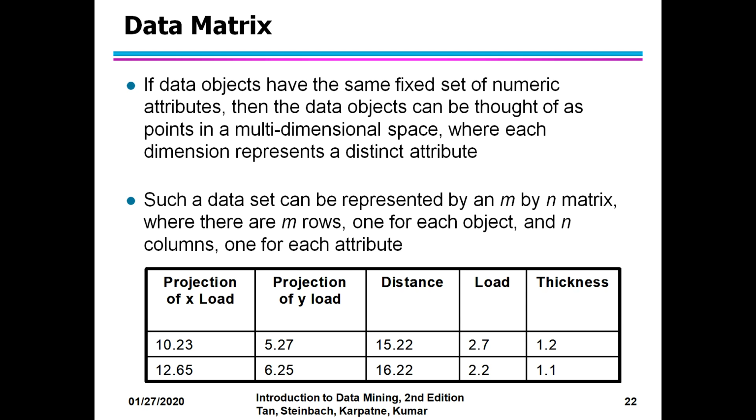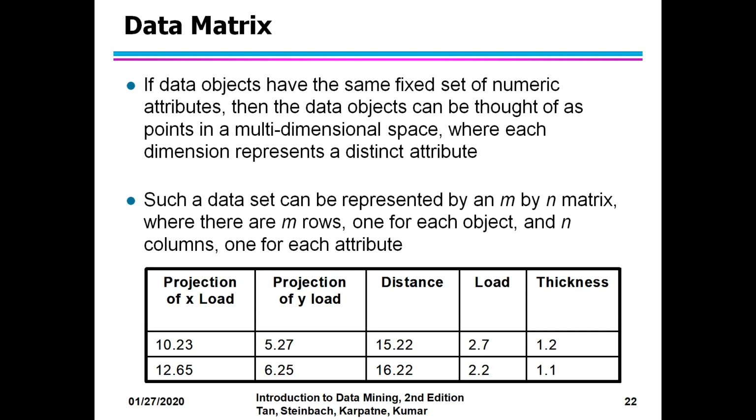So if you have multidimensional data in a space, then the data can be represented in the form of a matrix, where m is the number of rows, one for each object, and n is the number of columns, one for each attribute. So m represents an object and n represents an attribute.